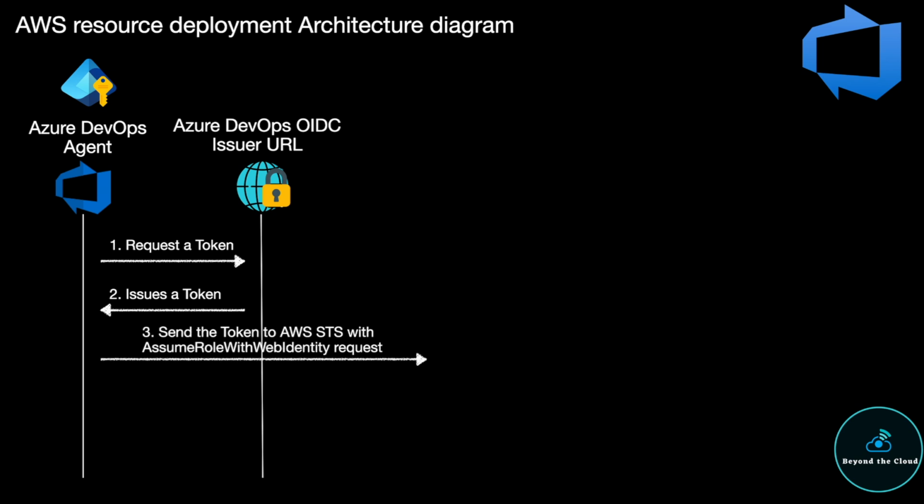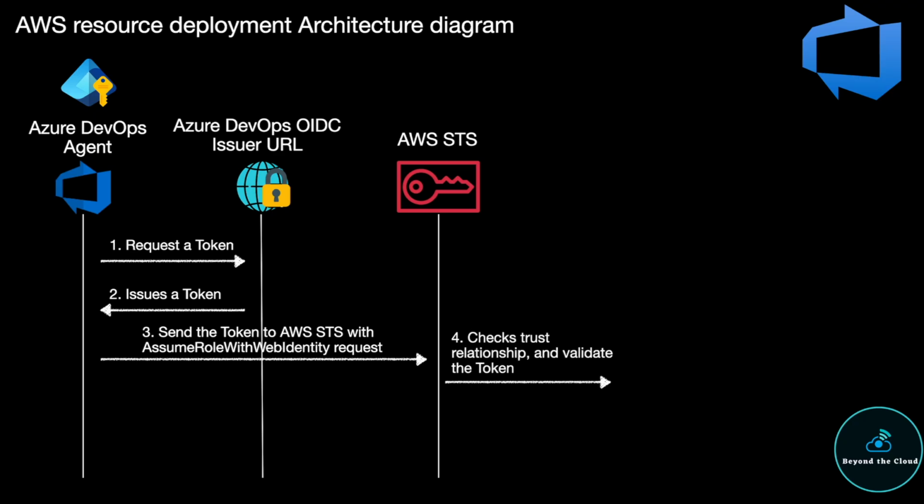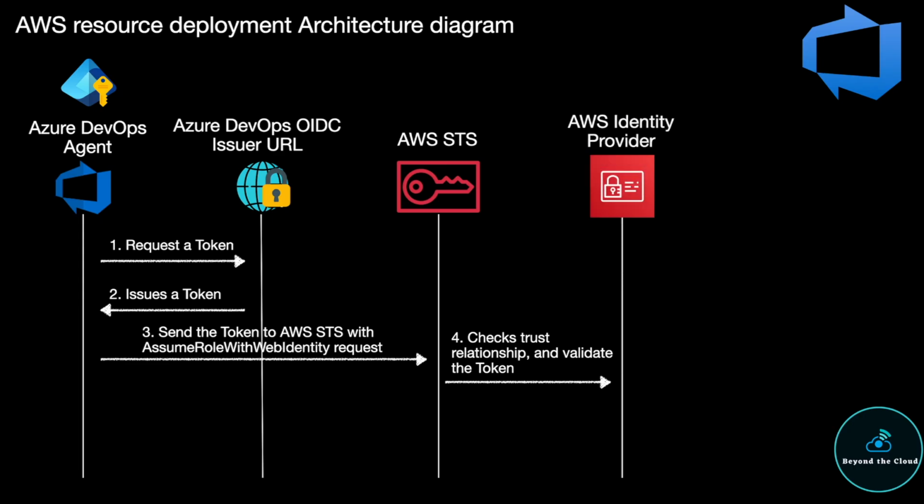It sends the token to AWS STS with AssumeRoleWithWebIdentity. Then the AWS STS service checks whether the token is valid, and it gives the DevOps pipeline the AssumeRoleWithWebIdentity credentials, by checking the trust relationship in the AWS IAM portal.